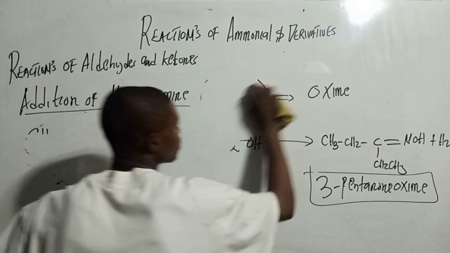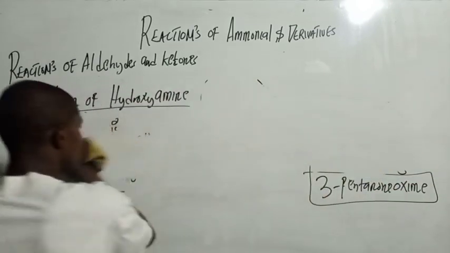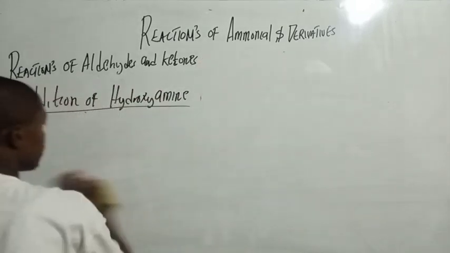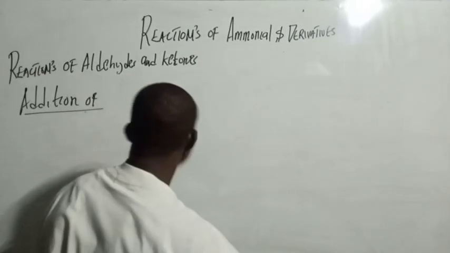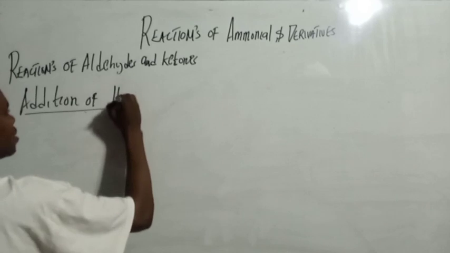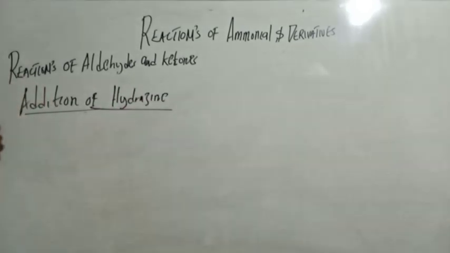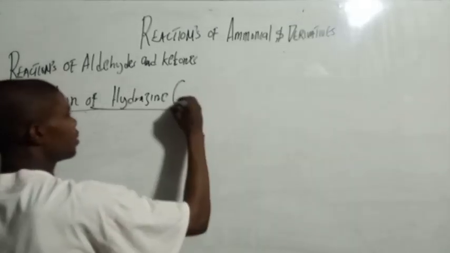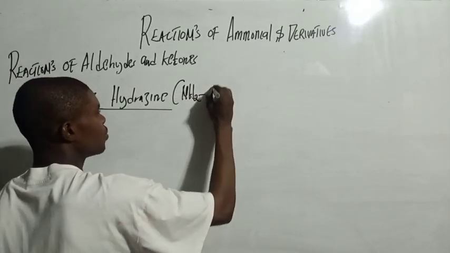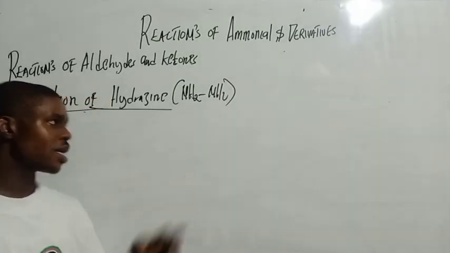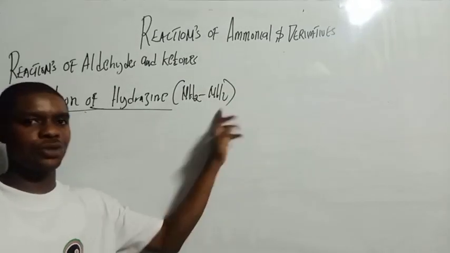Addition of hydrazine, which is going to be NH2NH2. The good thing here is that it can be added twice, because here we have H2, and here we have H2, which I'm going to show you.